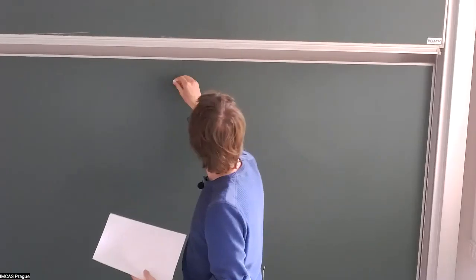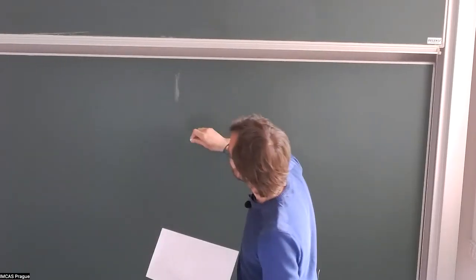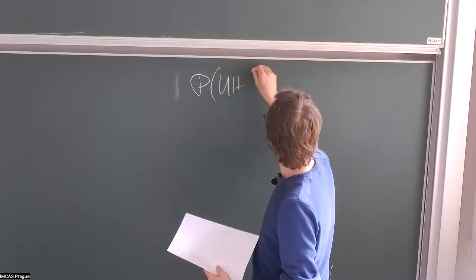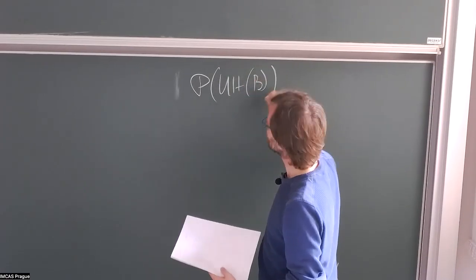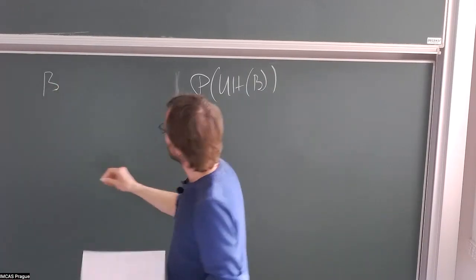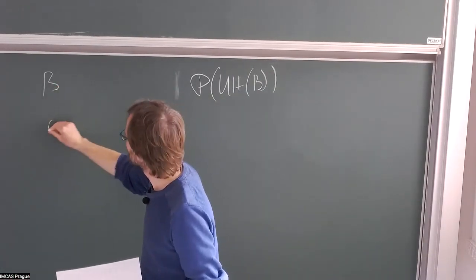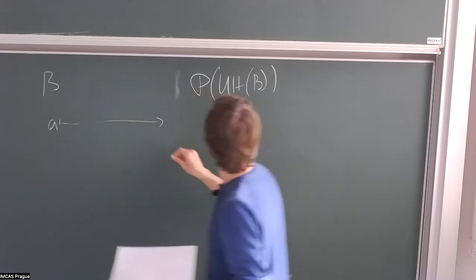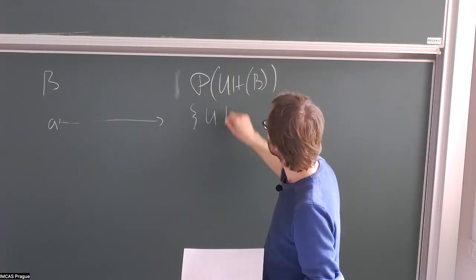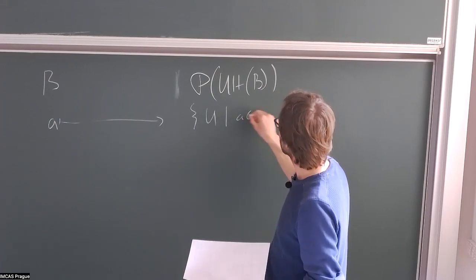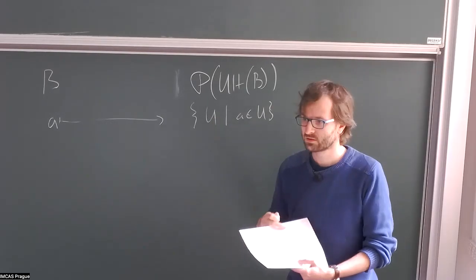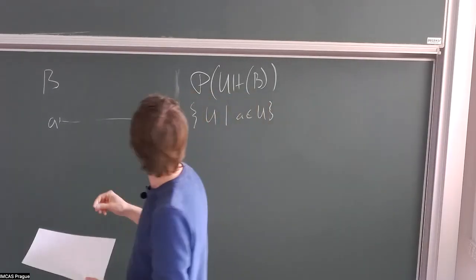So I have the power set of the ultrafilters of a Boolean algebra, start with the Boolean algebra. And if you give me an element, what do I give you? The set of ultrafilters that contain the element. That's the embedding.